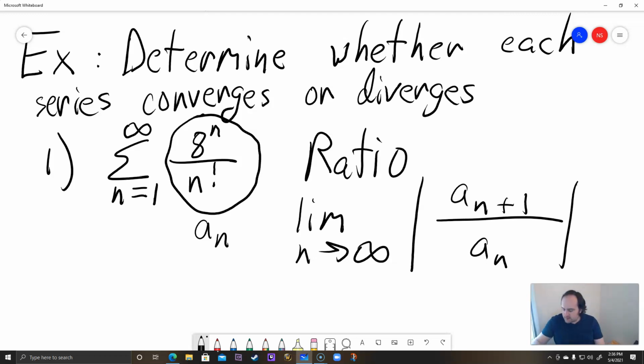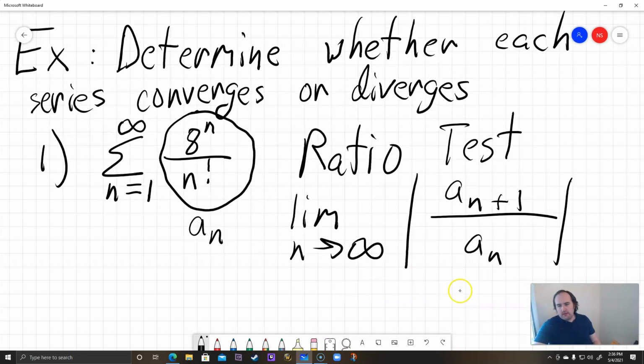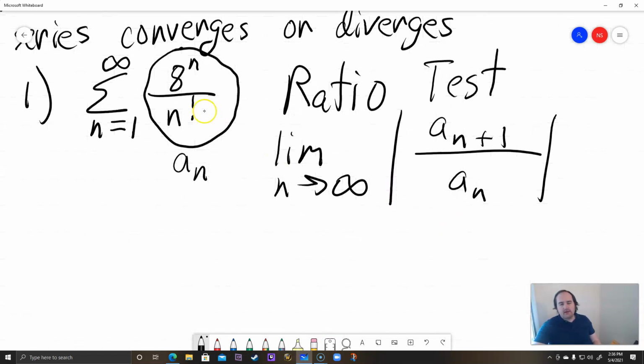Okay, so that's the ratio test. So here, we already know a sub n, and for a sub n plus 1, you just replace every single n you see with an n plus 1 instead.